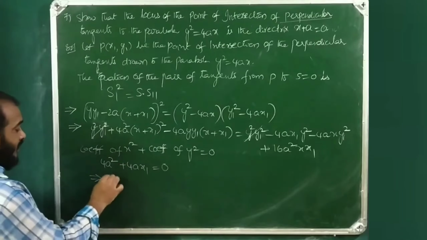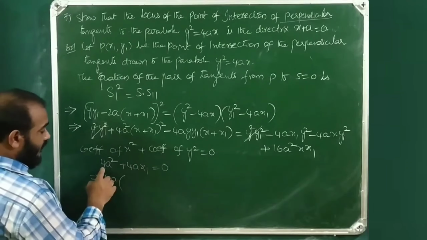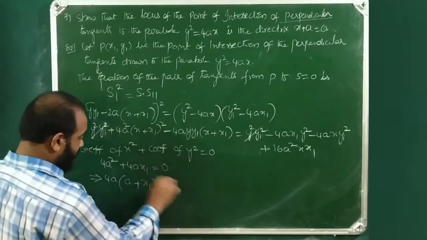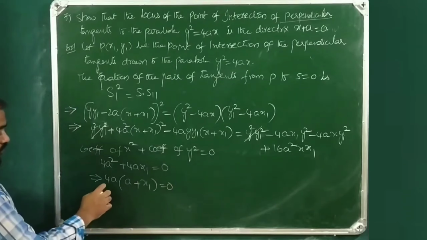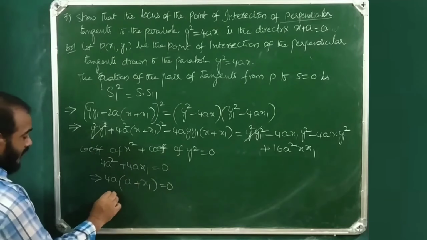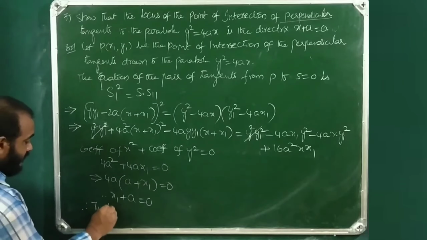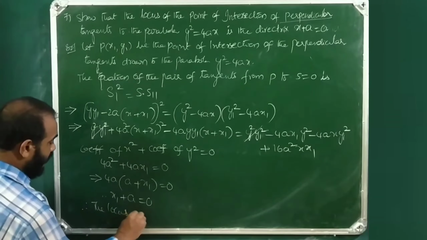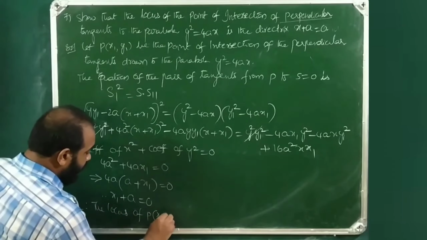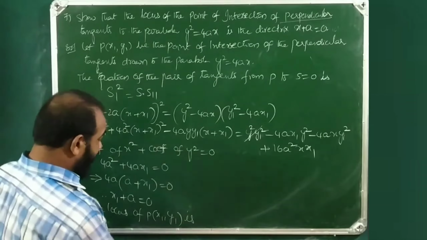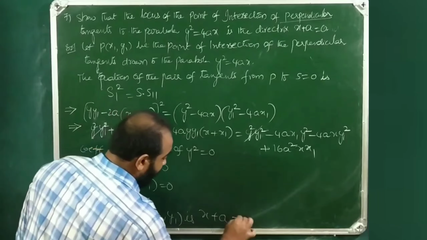So take 4a in common, then we will get a plus x1 equals to 0. Therefore the locus of P x1 comma y1 is x plus a equals to 0, which we need to show.